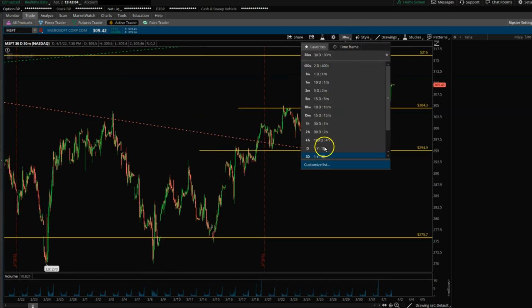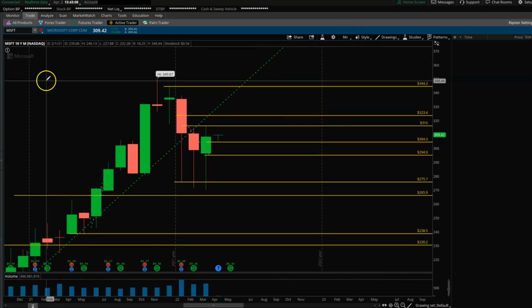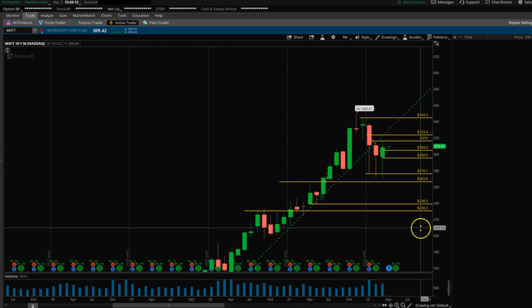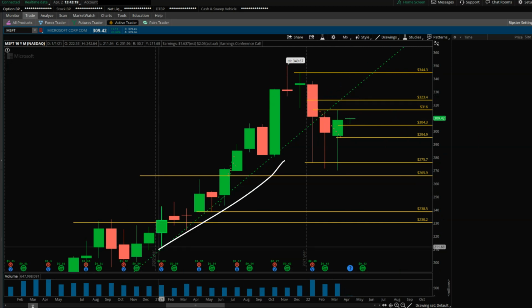Microsoft. Let's go into monthly time frames. Similar story as in Apple, as in Amazon. The only thing that differs from Apple is that Apple is above its long-term uptrend line, while over here it is below its long-term uptrend line. So the first test on the upside would be the back test of this uptrend line.